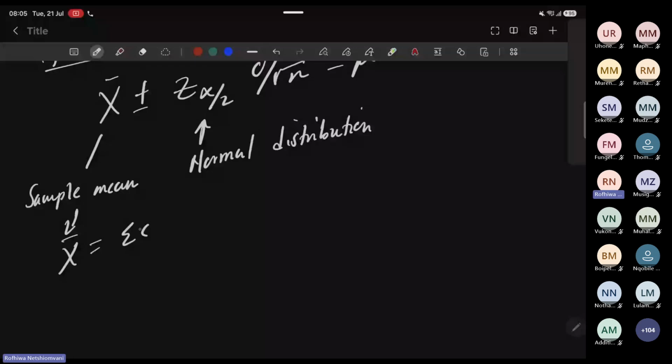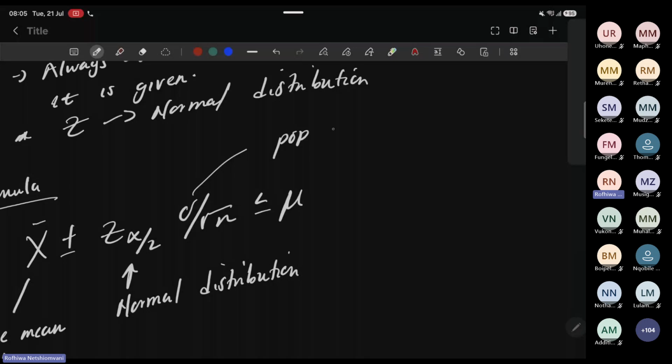And then this part here will be the population standard deviation. This will always be given in the question, because when it is given, it is what determines whether you are using normal distribution or not. If it's given, you know that you are using normal distribution. If it's not given, you know that we are not going to use normal distribution, but that will be the next part.